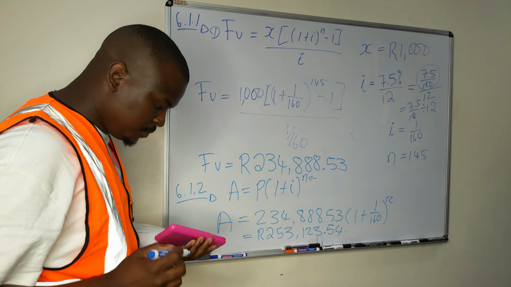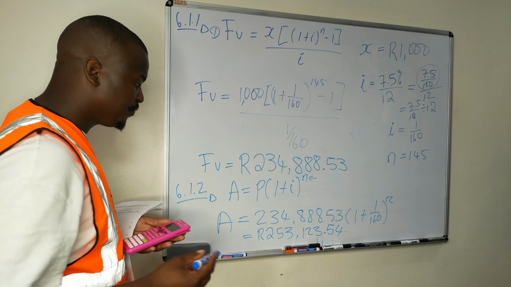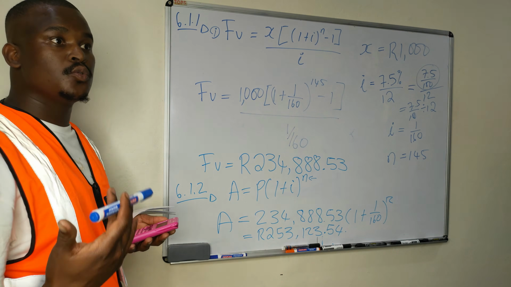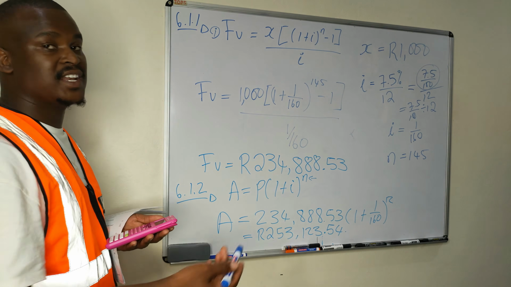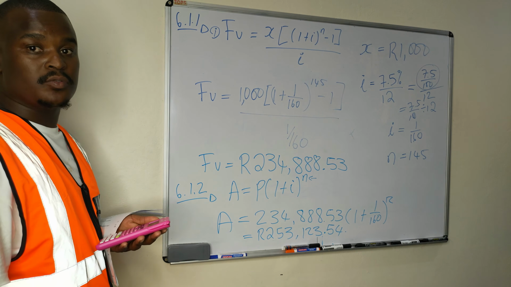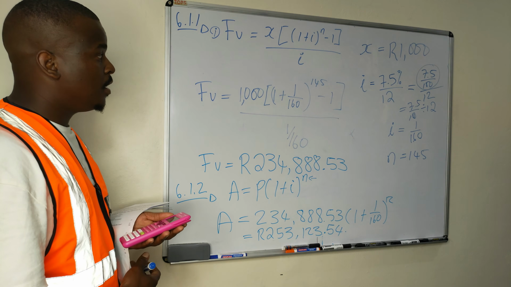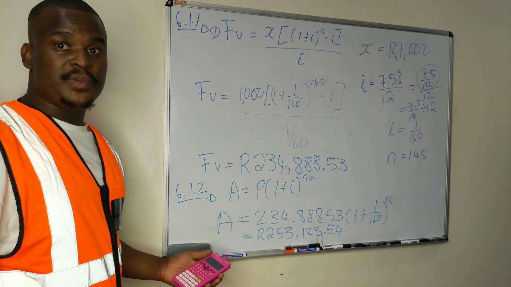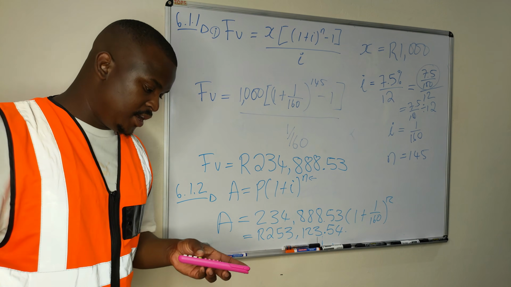This will be the value of our money if we leave it to accrue interest for the next 12 months in that account. I'm happy with this. I hope it's clear. Then we continue.